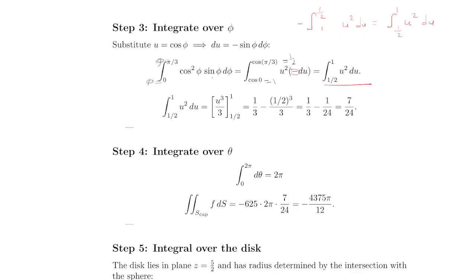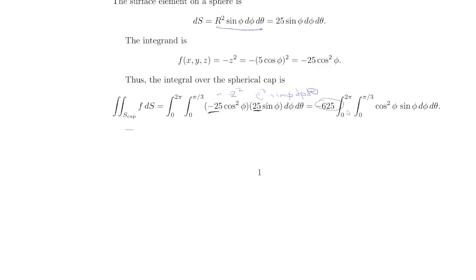So that's this step right here. Integrate that, you get u cubed over 3 from 1/2 to 1, and then you get 7 over 24. And so that's the inside integral, by the way, because remember, this is a double integral, so we just calculated this part right here. So that's 7 over 24.